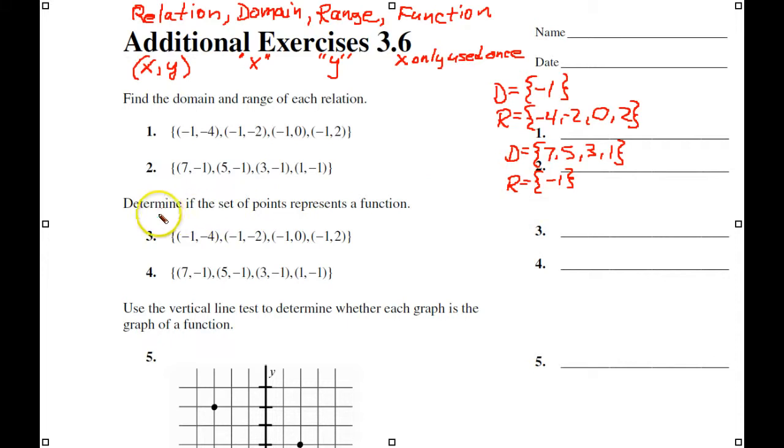Now for number 3 and 4, they're asking us to look at these same relations and see if they are a function. Well, as we look at 3, is the x element repeated? Yes. So it's not used just once. So this is not a function.